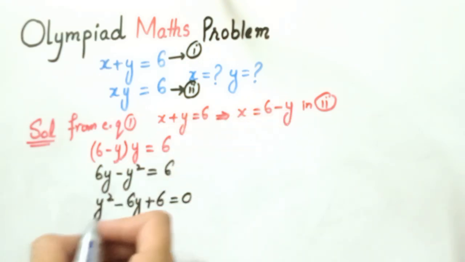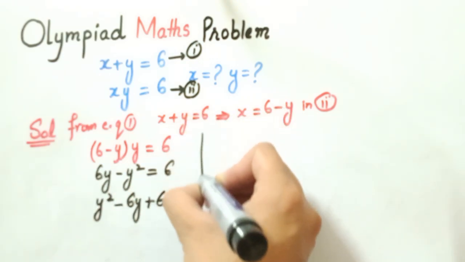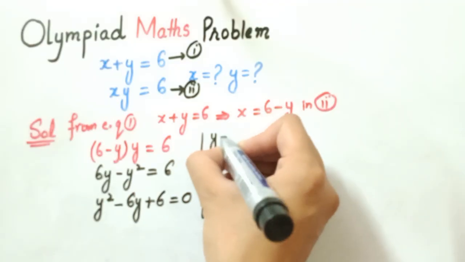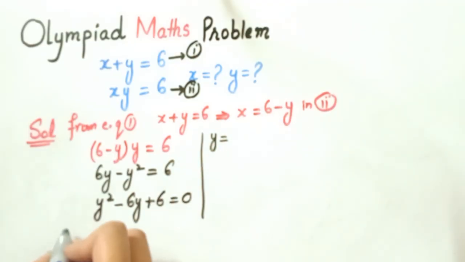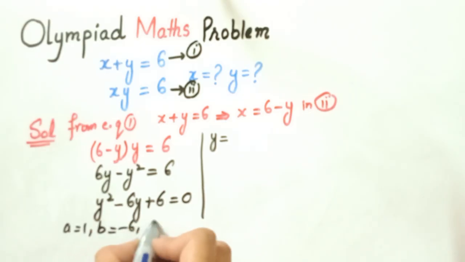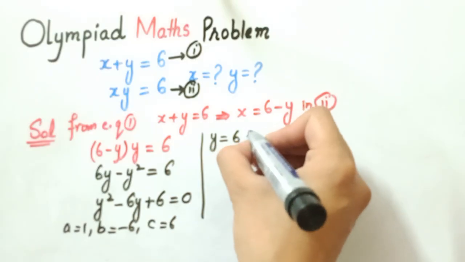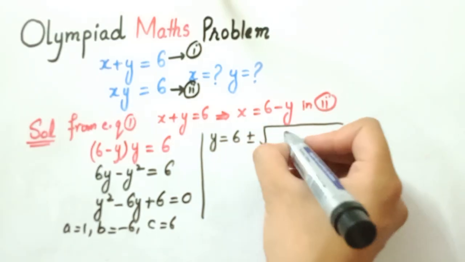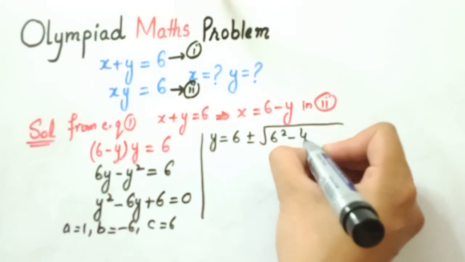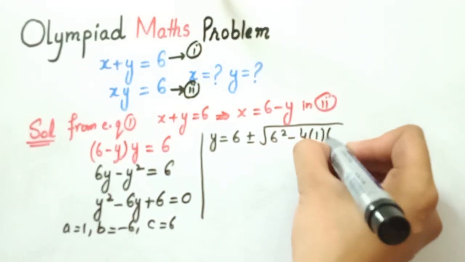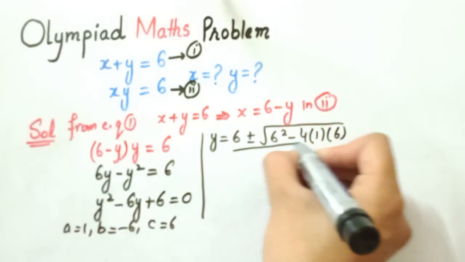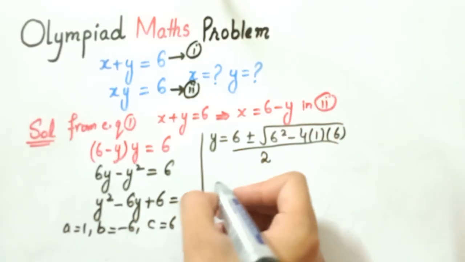So we get the values as y equals minus b plus minus root of b square minus 4ac, divided by 2a. Here a is 1, b is minus 6, and c is 6. Minus b means 6, plus minus root of 6 square minus 4 times a times c, where a is 1 and c is 6, divided by 2.